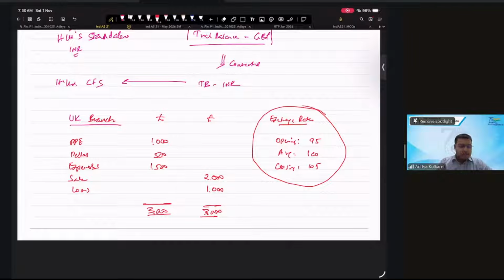Assets, liabilities could be monetary, could be non-monetary, could be measured at cost, could be measured at fair value, whatever be the asset or liability, all of them will be converted at closing rate. Are you able to follow? Yes, sir.